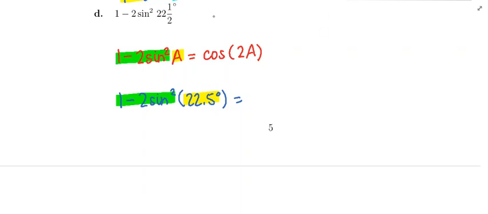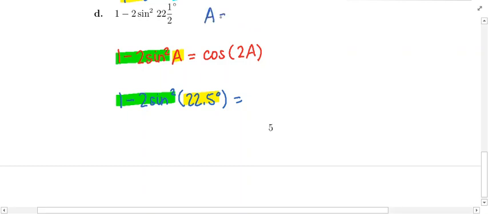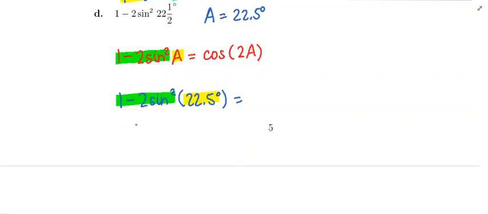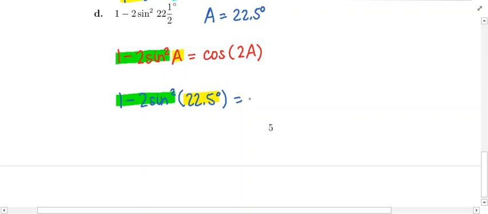So here our A value is going to be 22.5. We've got an exact match on the left-hand side. So to write down what our expression is equal to, we can apply the right side of the double angle identity. What we have been given is going to be equal to the cosine of 2 times A.